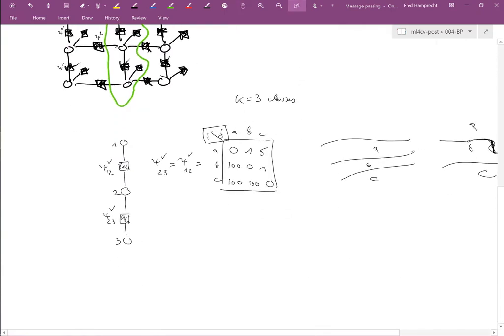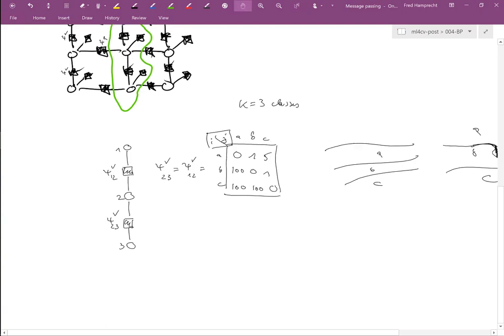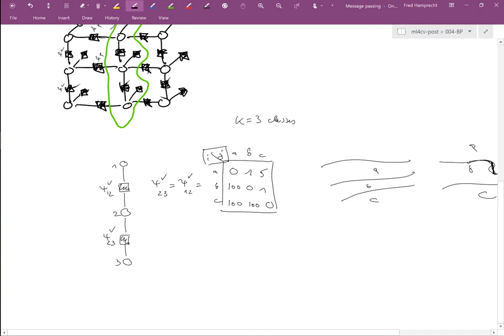So we're looking at just a vertical column here, and I have invented this pairwise potential, for better or for worse. And now I am also inventing unary potentials. I'm just saying that this is psi1, psi2, and psi3.